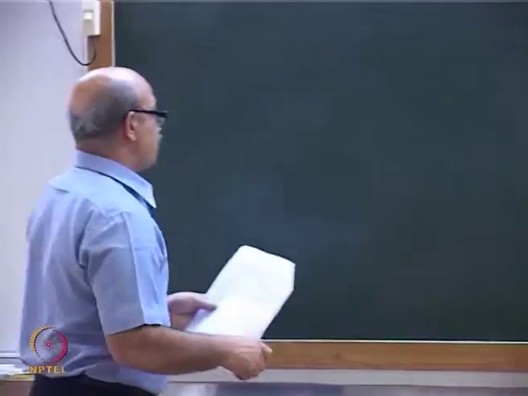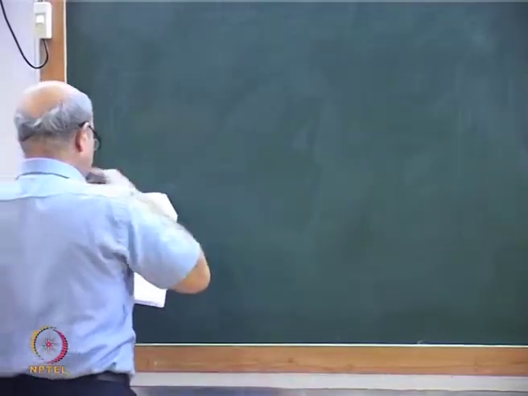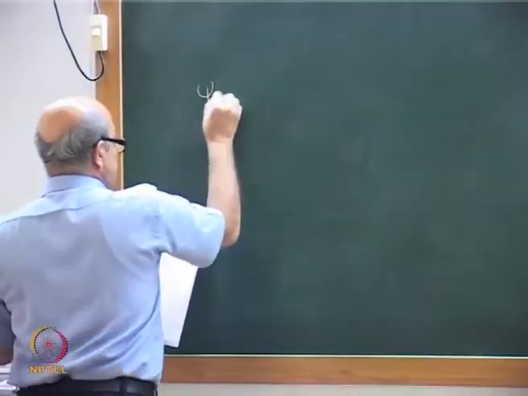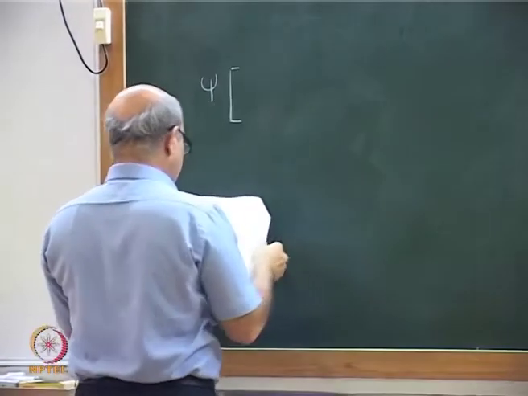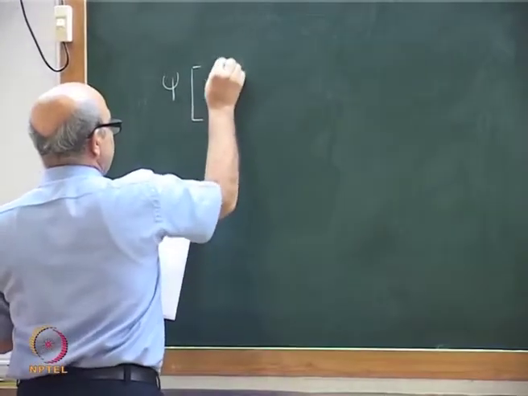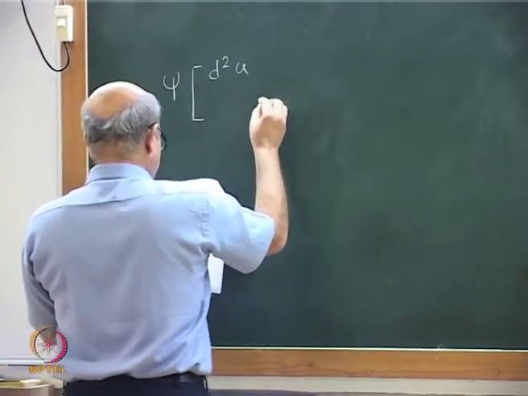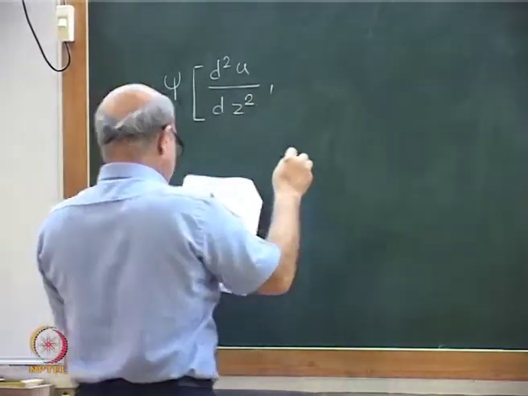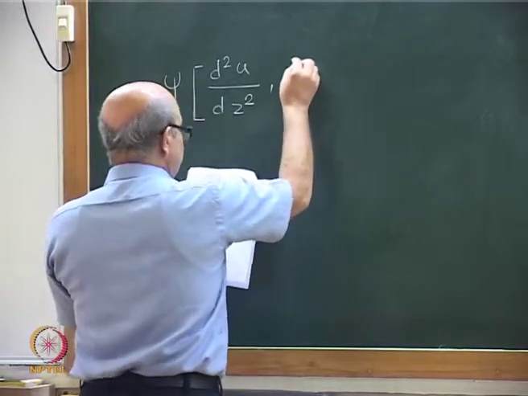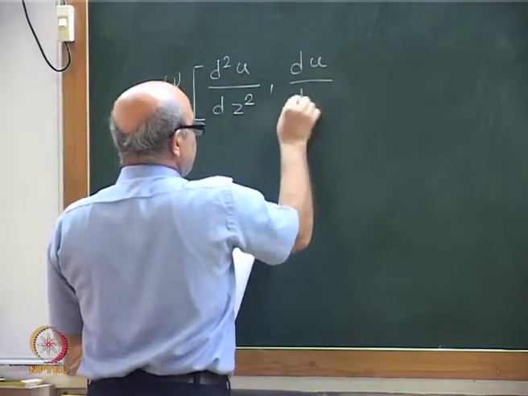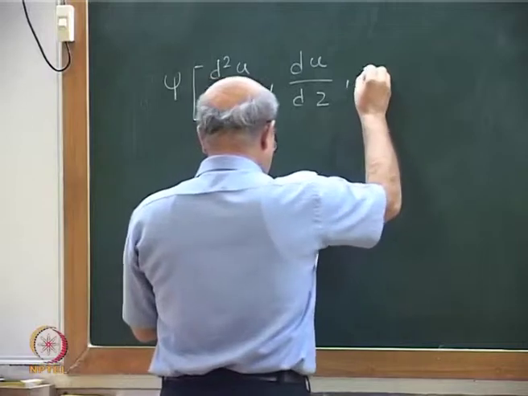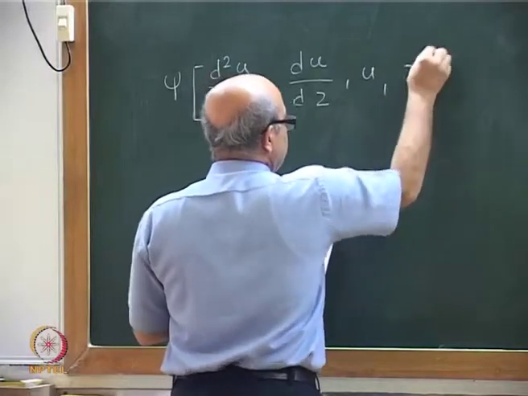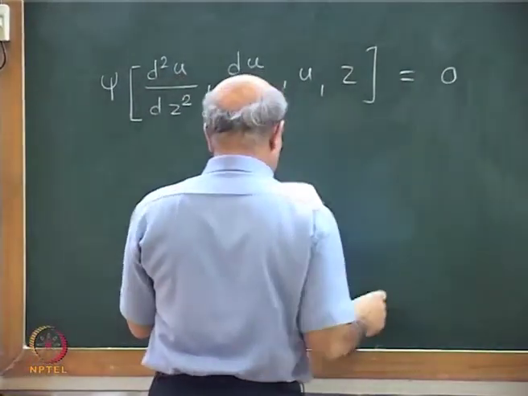I have been looking at this problem of a general second order boundary value problem, d square u by dz square equals psi, a general function of du by dz, u and z, equal to 0.